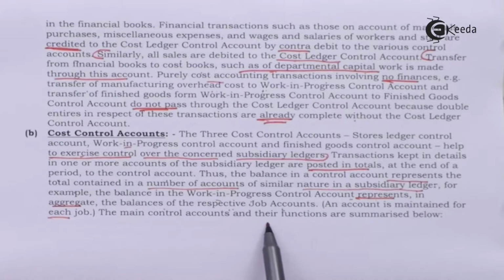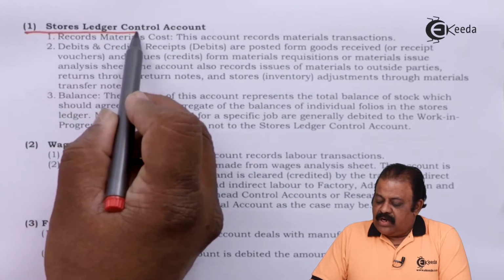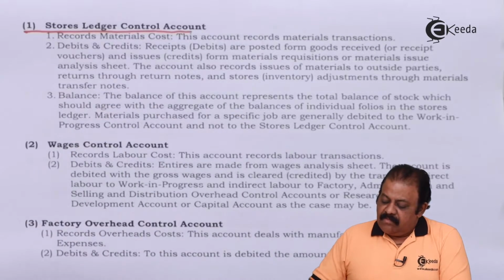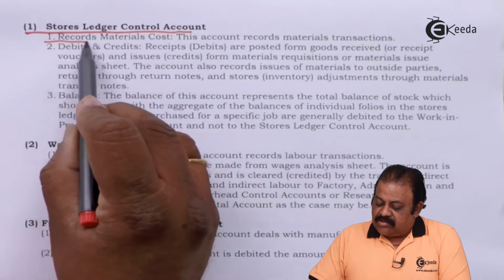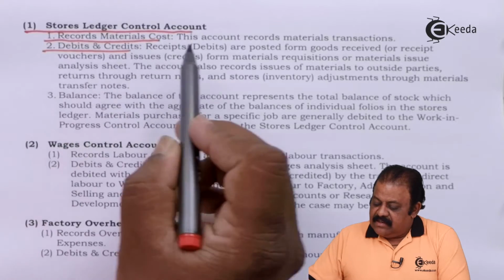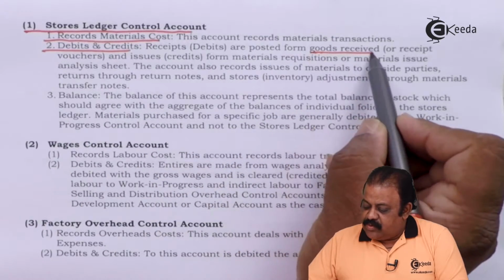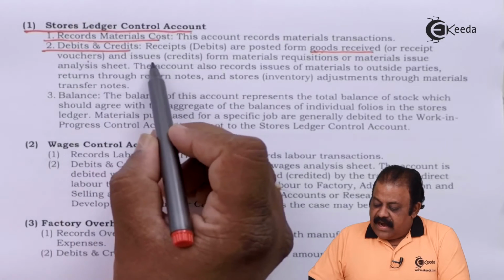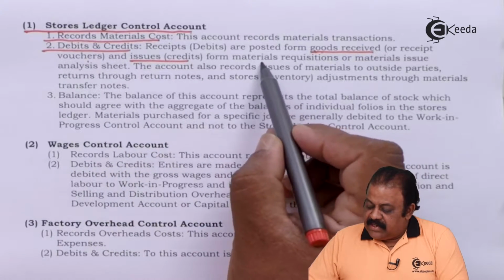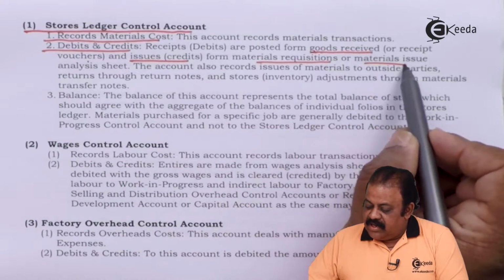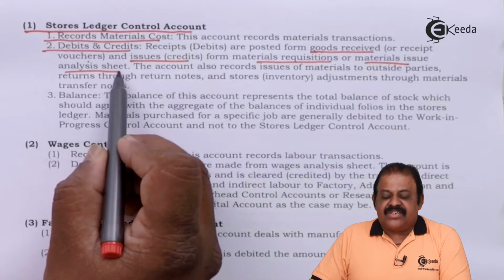The main control accounts and their functions are summarized. Number 1, store ledger control account. It records material cost. Receipts are debited from goods received or receipt voucher, and issues are credited from material requisitions or material issue analysis sheet.